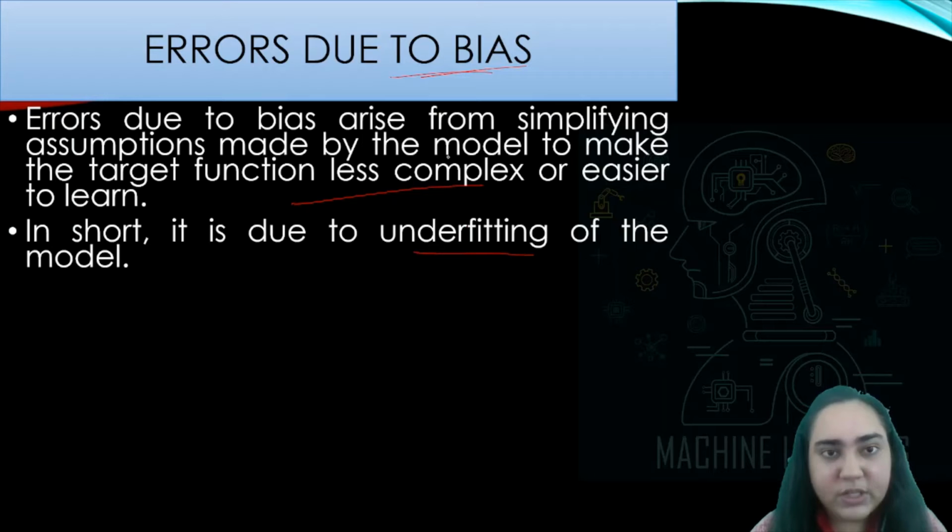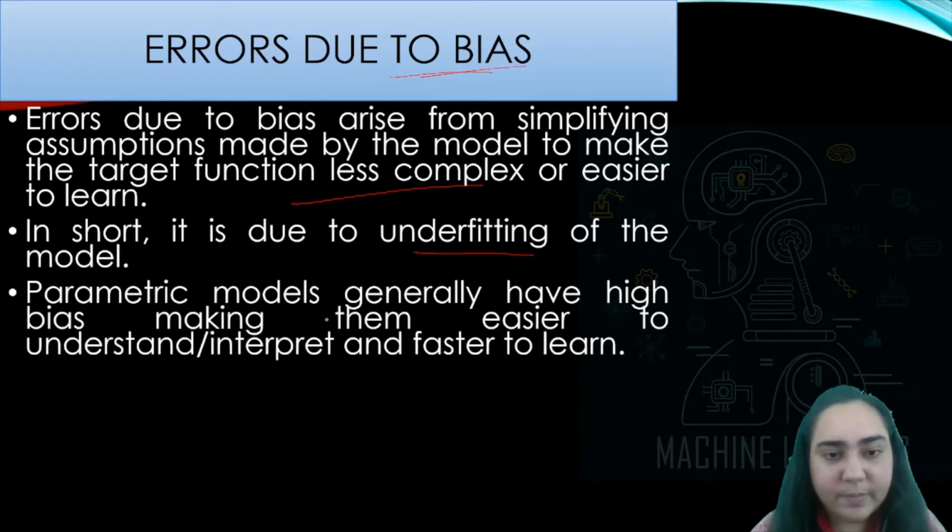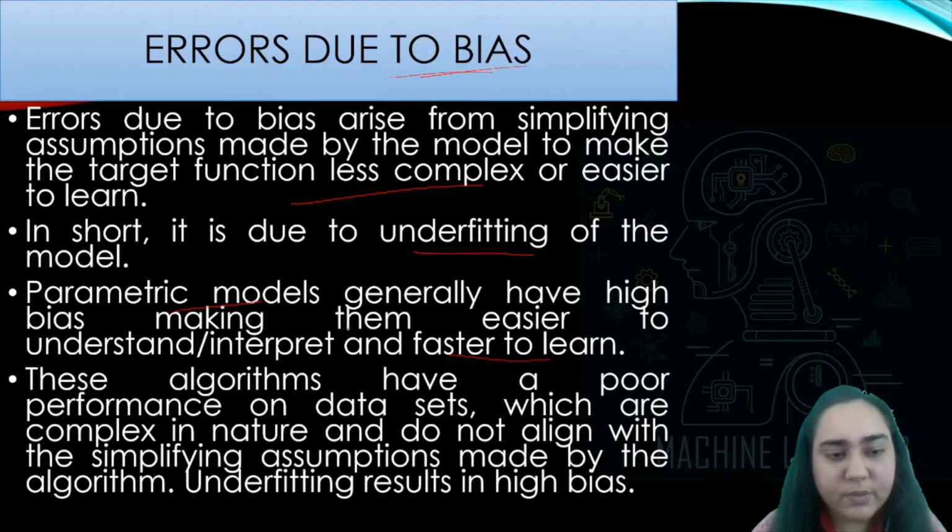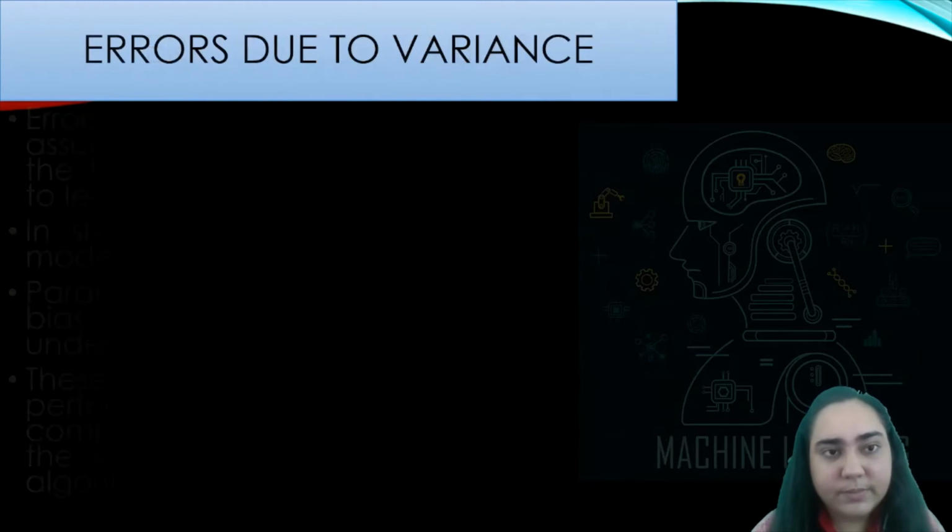Because of underfitting, you can have error due to bias. Parametric models generally have high bias, making them easier to understand or interpret and faster to learn. So most parametric models suffer from this problem. They also have poor performance on data sets which are not complex in nature. So underfitting would result in high bias.